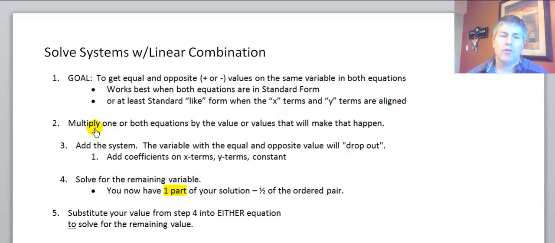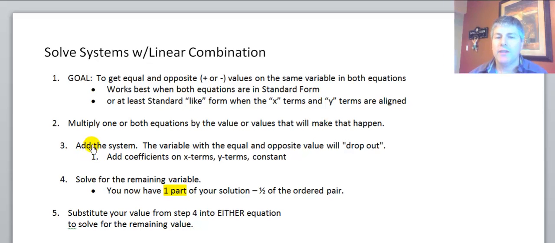And we might have to multiply one or both equations by a value or values to make that happen, in other words, to get equal and opposite coefficients on one of our variables.